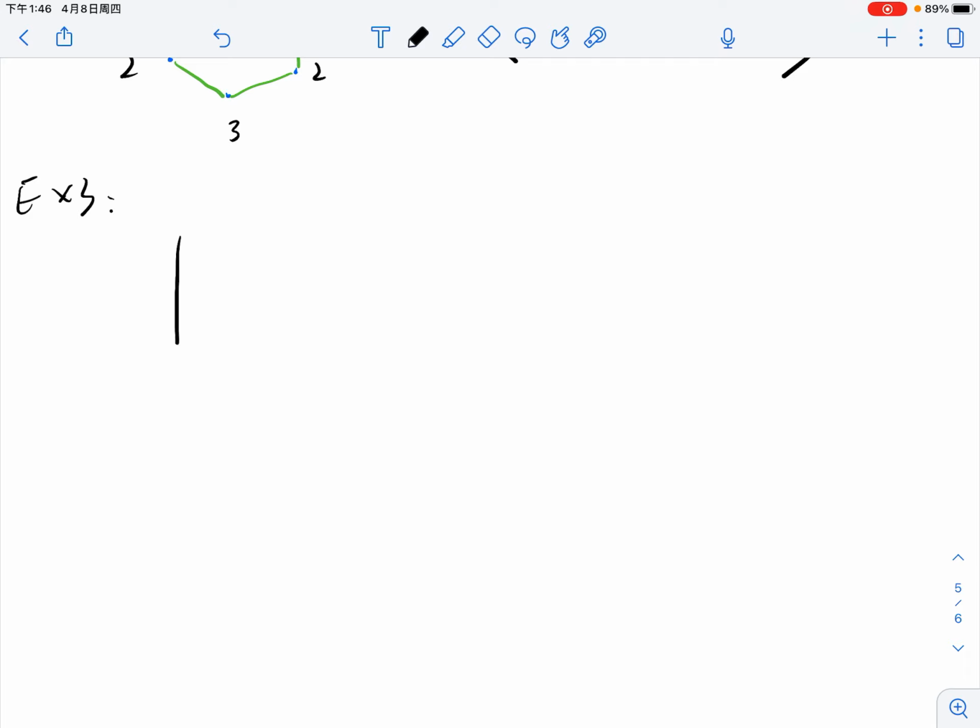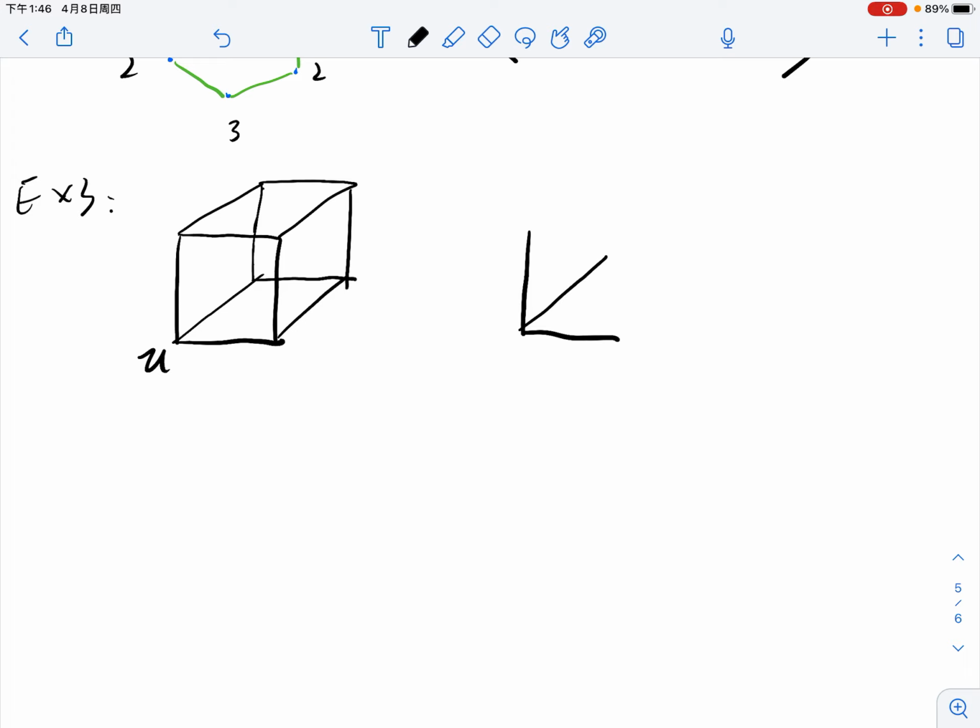Okay, and then if we look at hypercube, or when n equals 3, then you might have the following spanning trees.